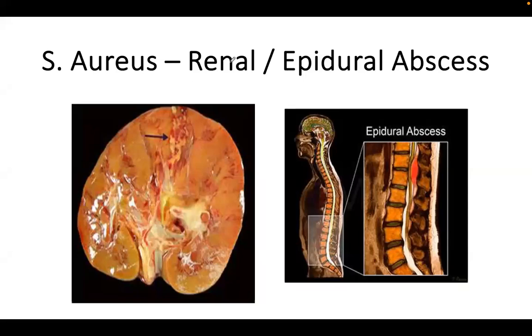Now, I want everyone to remember that Staph aureus is associated with a renal abscess as well as a spinal epidural abscess. The spinal epidural abscess usually occurs in individuals who are diabetic.